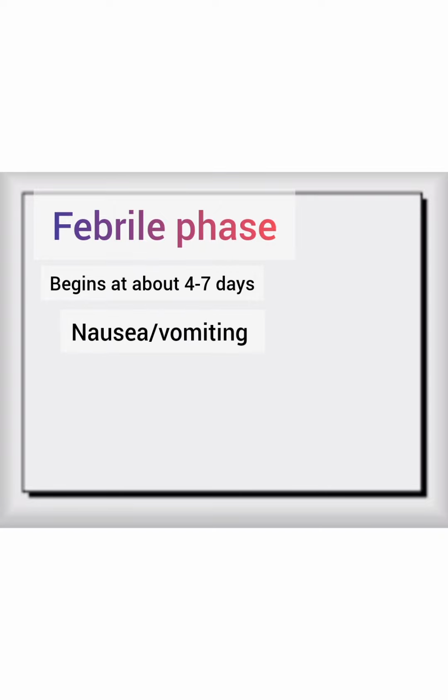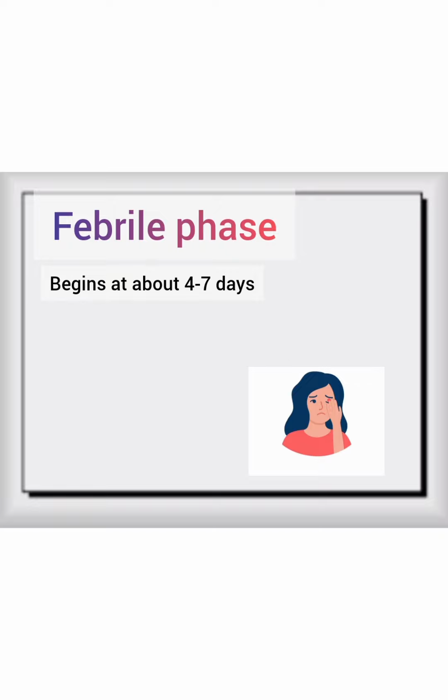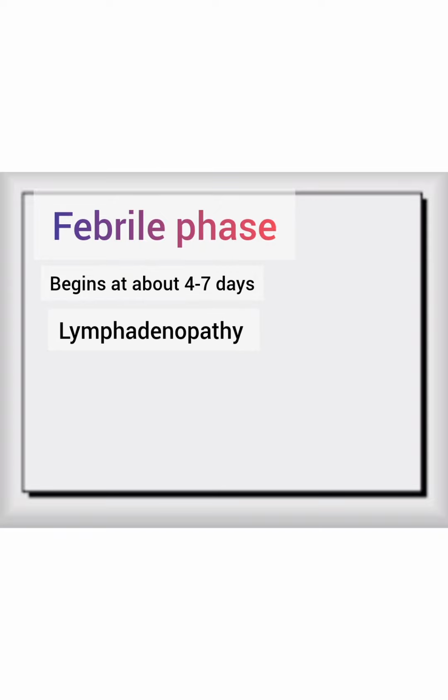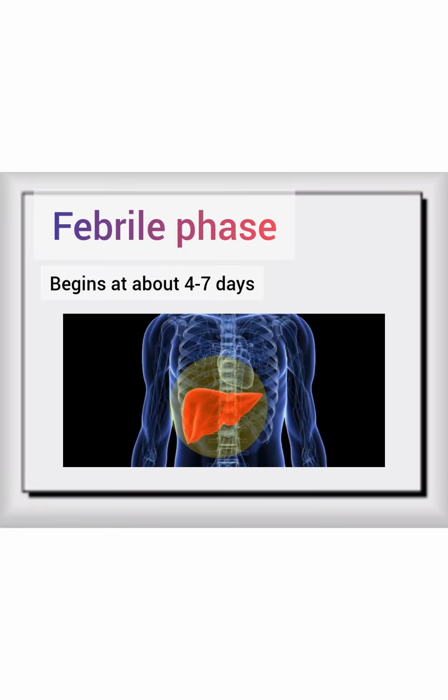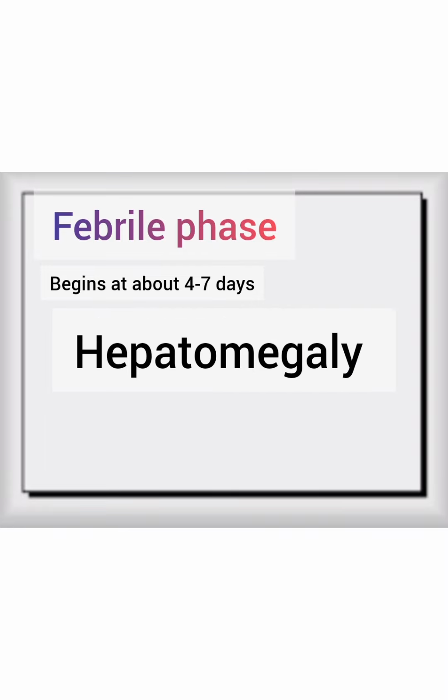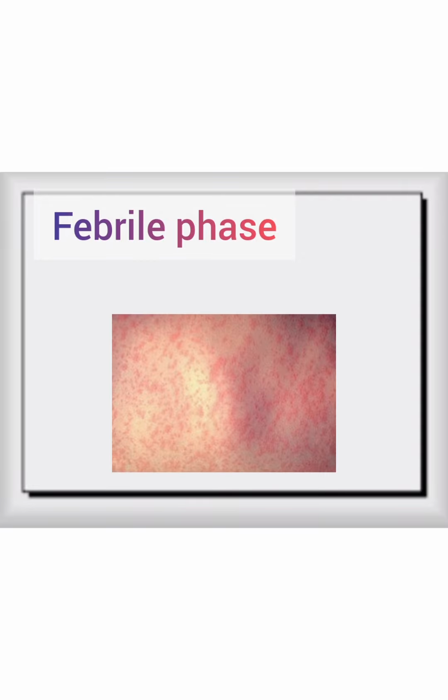And other than this, nausea, vomiting, diarrhea, abdominal pain, retro-orbital pain, and lymphadenopathy, because it attacks your immune system. And the liver is involved, so you might see hepatomegaly in some patients. Also, you will see maculopapular rashes in some patients, as you can see in this picture.